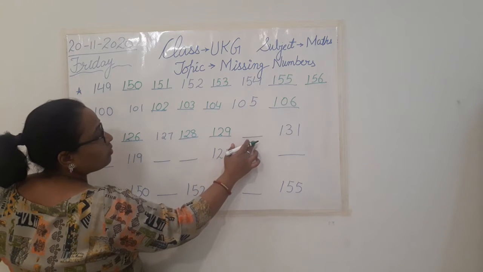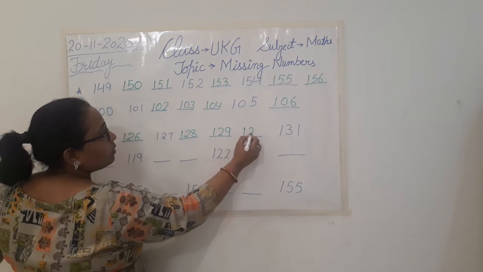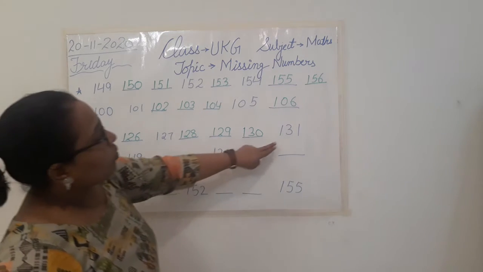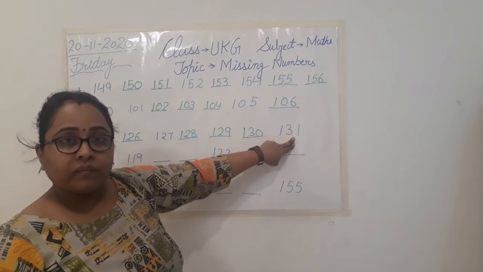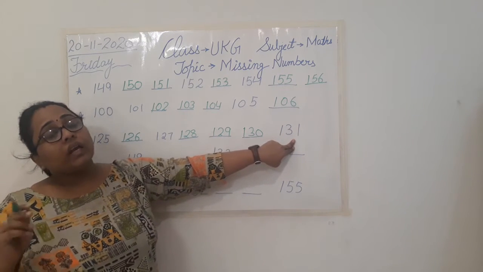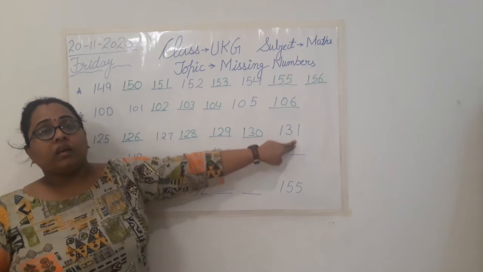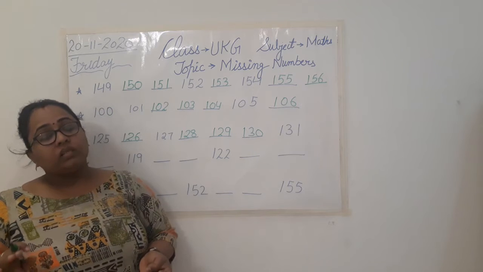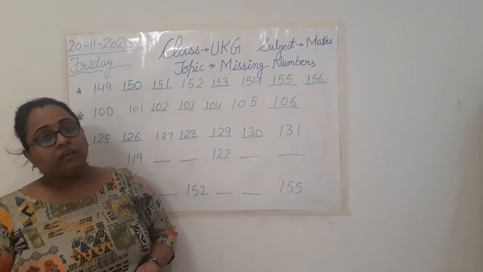After that we have 130. See, after 130 it is already written 131. Clear? So whenever you are speaking and you are writing, again I am saying there will be no mistake. So do your counting work while you are speaking it. या जब भी लिखना है तो बोल के लिखिए.